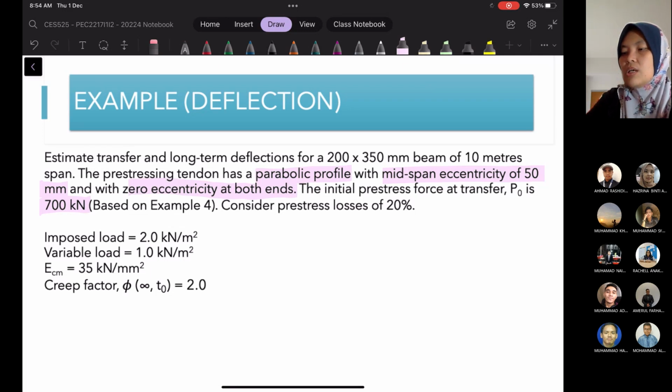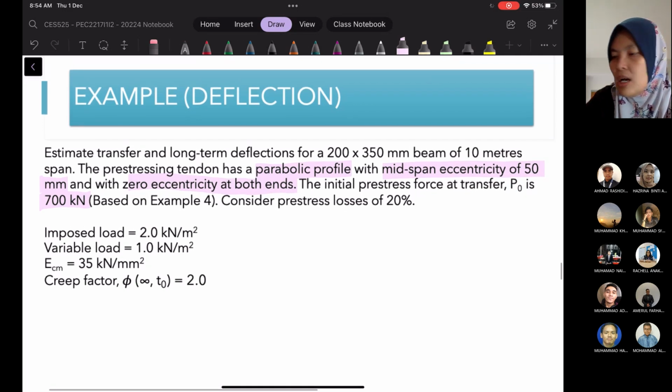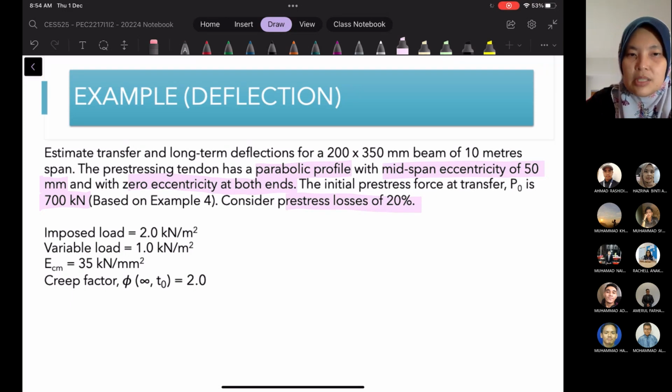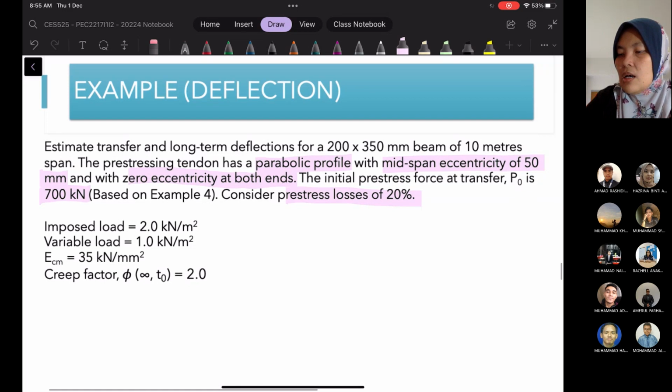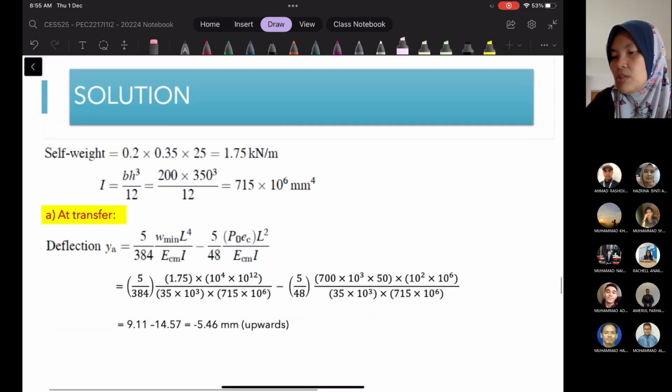So we will use the equation with no eccentricity at the ends. P naught is 700 kilonewton, considering the pre-stress loss of 20%. Imposed load is 2 kilonewton per meter square, variable load is 1 kilonewton per meter square. The modulus of elasticity is 35, and the creep factor, given here directly, is 2. So let's look at the solution.